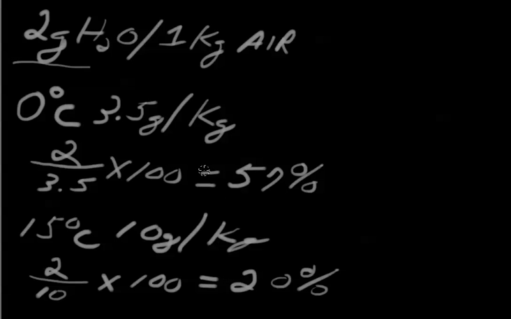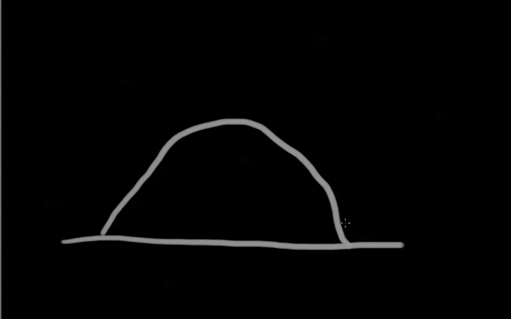The next thing I'd like to go over real quick is the adiabatic lapse rate. Let's do another mountain problem here. Let's say we've got our mountain, and we're on the windward side.